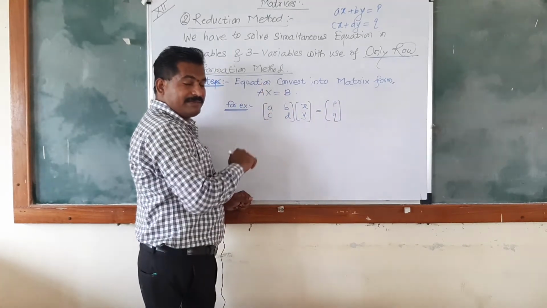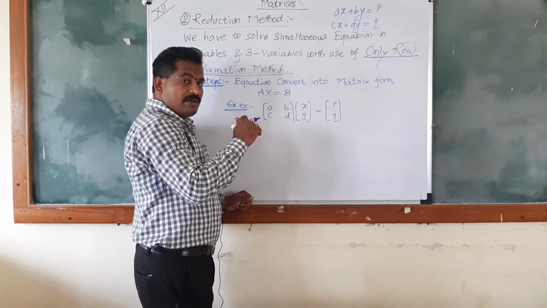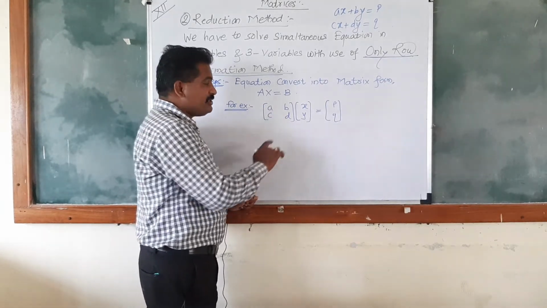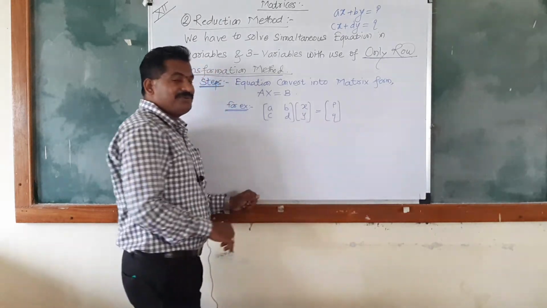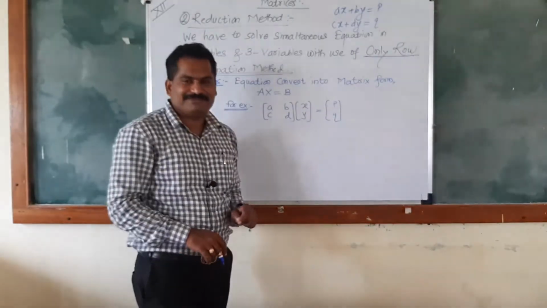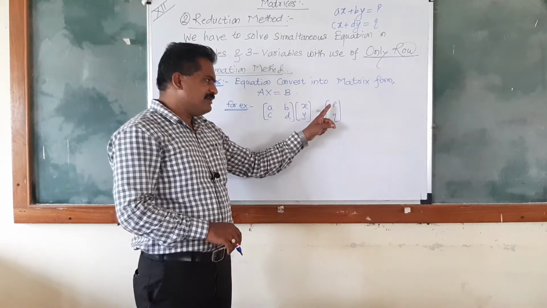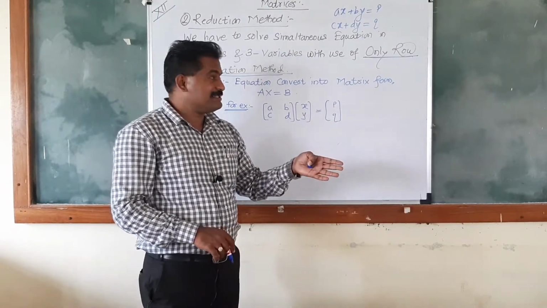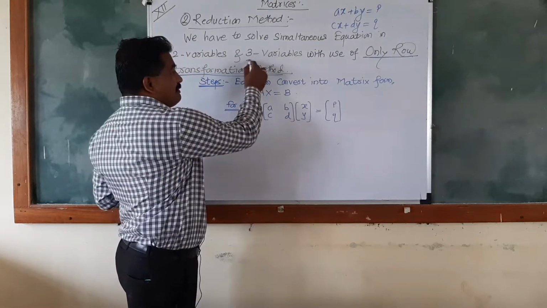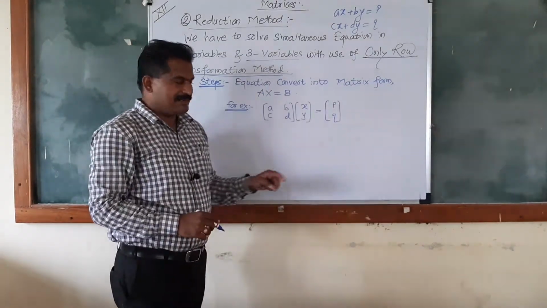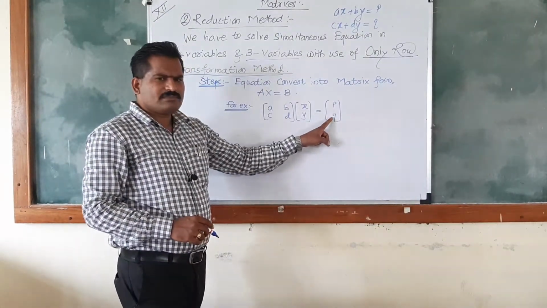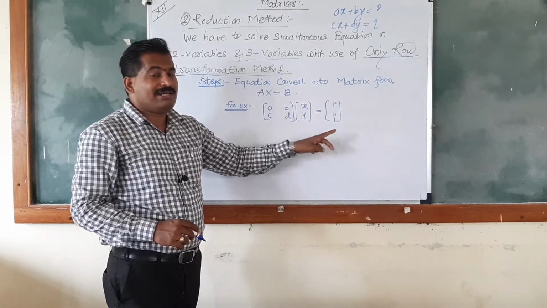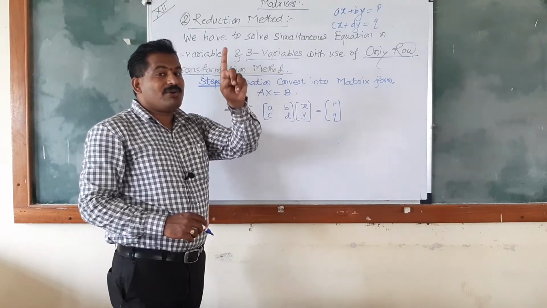But if we think about column transformation, there is no other column to change this column. There is only one column. For a 3 by 3 matrix, or equations in 3 variables, this matrix is converted to P, Q, R. There are 3 rows, but the column is 1.